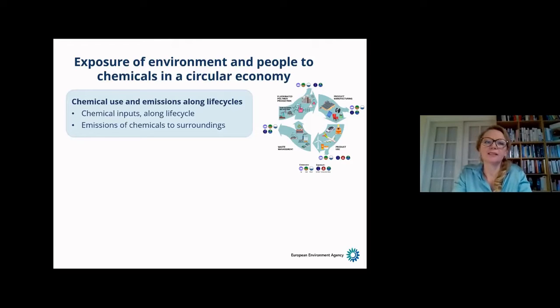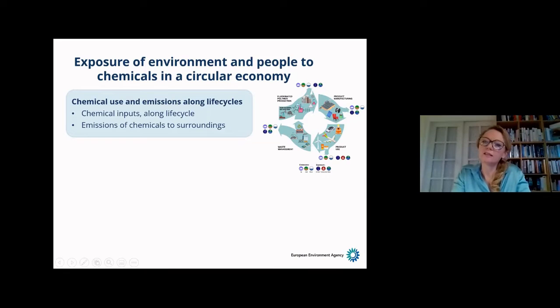So just going back to what is the issue? Well, exposure to the environment and people really happens along the life cycles. There's chemical input along the life cycles from the polymer production or chemical production in general. In the product manufacturing, you might use some chemicals in the maintenance, and also in the waste management. If you do recycling and you clean your materials, you will end up using chemicals.